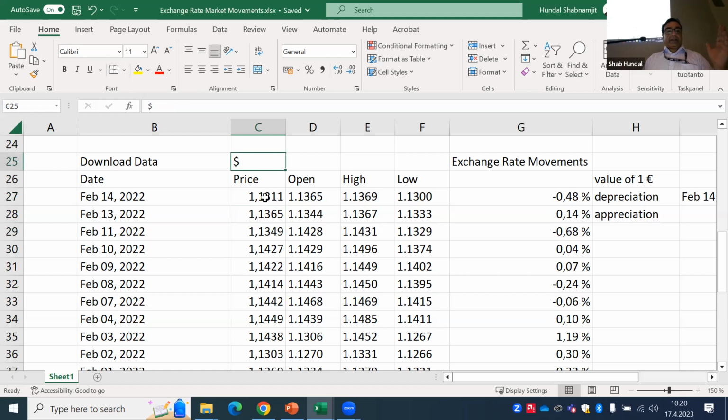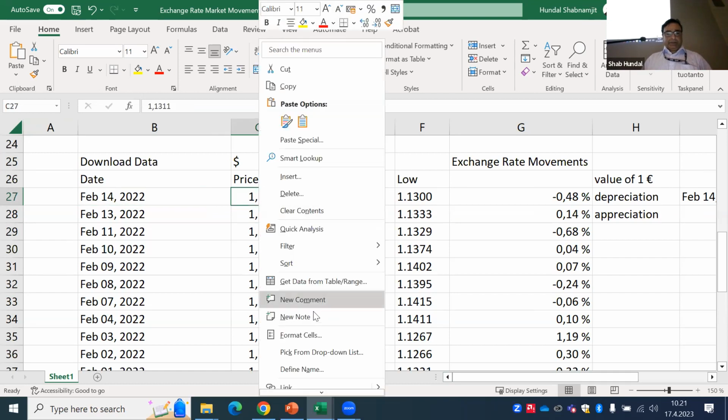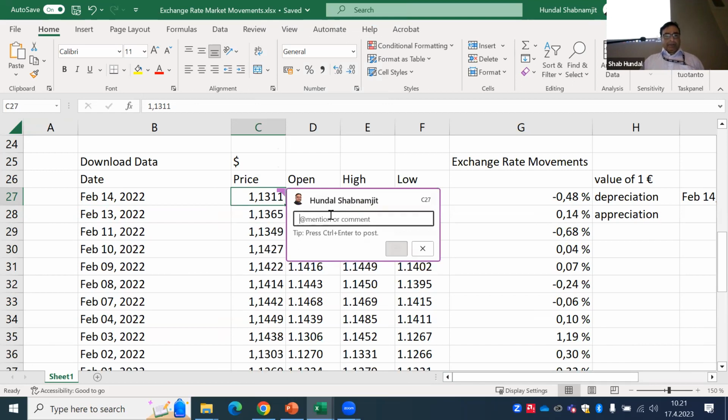So on February 13, let's say on February 14, I can say that on February 14, the exchange rate was, let me put the comment here. So this was basically the price of €1.